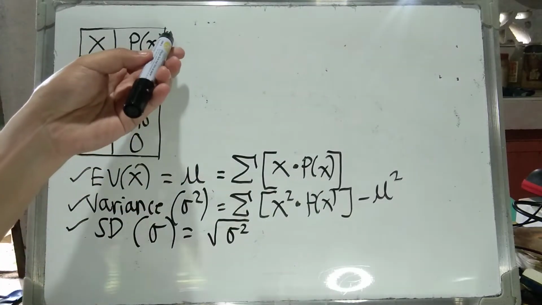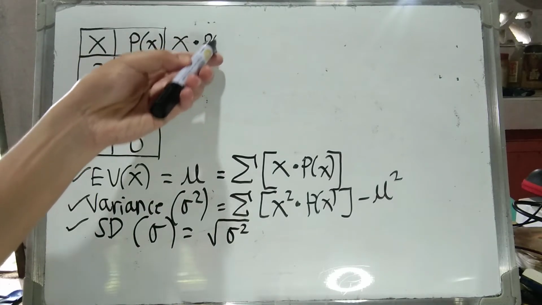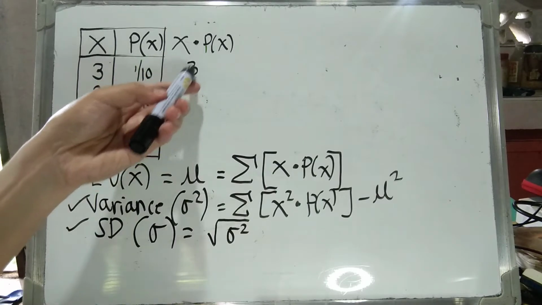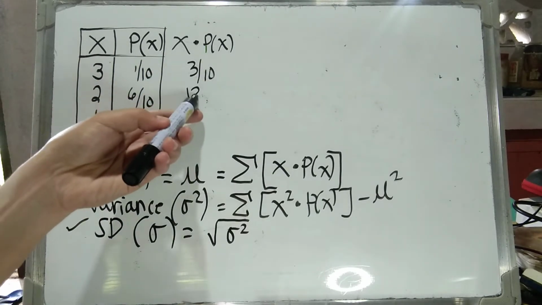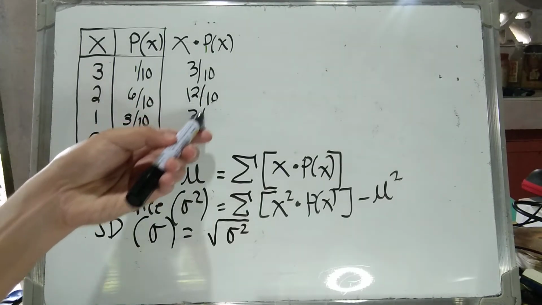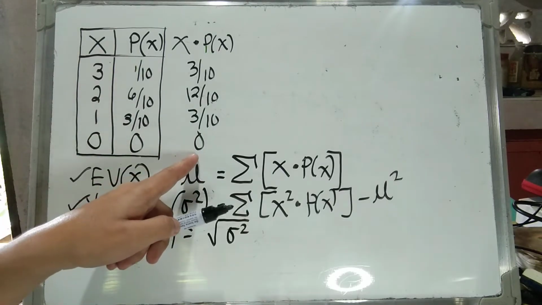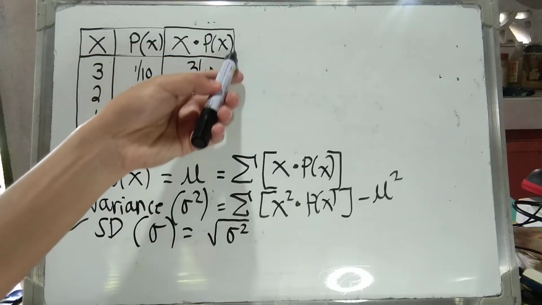So on the next column, we have to multiply the two. 3 times 1 over 10 is 3 over 10. 2 times 6 over 10 is 12 over 10. 1 times 3 over 10 will be 3 over 10. And 0 times 0 will be 0. So that would be our third column.